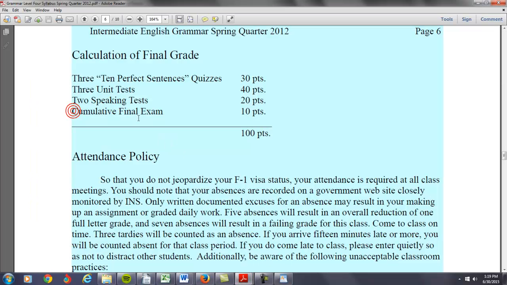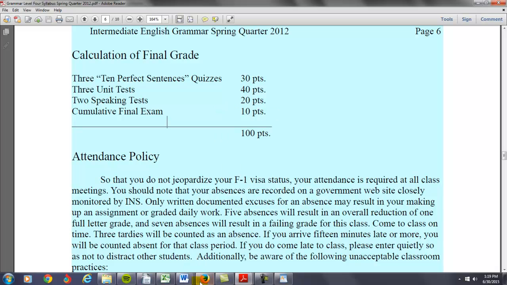And then we have the cumulative final exam, which would be like a huge unit test focusing on noun clauses, adjective clauses, and gerunds and infinitives. That's it. Now the other thing you want to add to this, of course, is the irregular verb quizzes at 5 points, and then you can modify it. And then you also have to put in that verb tense final exam.